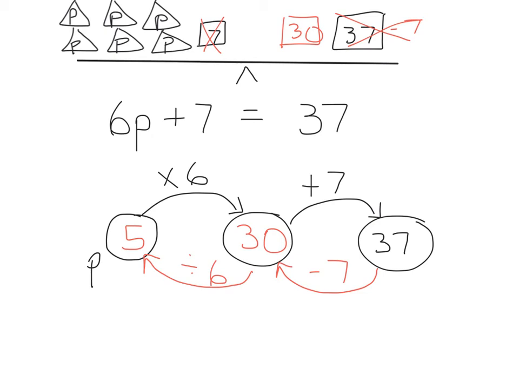So if I divided by 6, I would get 1 variable P, which is 30 divided by 6, is 5, not 6. And that's what I got over here too, is P equals 5.